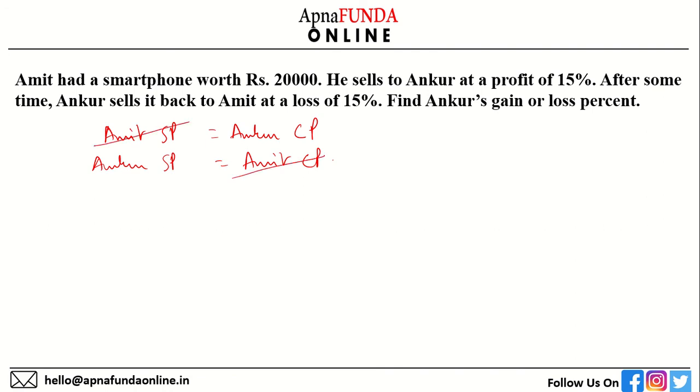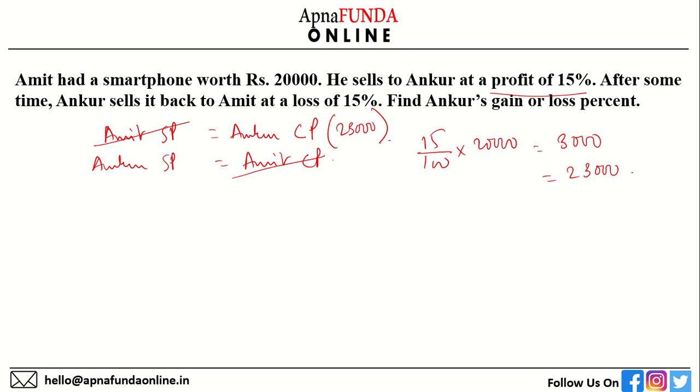We just need to know the price at which Ankur bought the phone and the price at which he sold the phone. When he bought the phone, there was a profit of 15%. So 15% of 20,000 is 3,000. So the final value at which he bought is 23,000. So his cost price is 23,000.